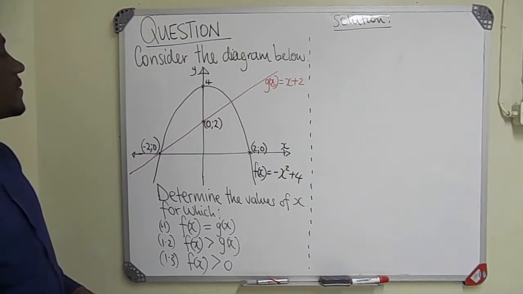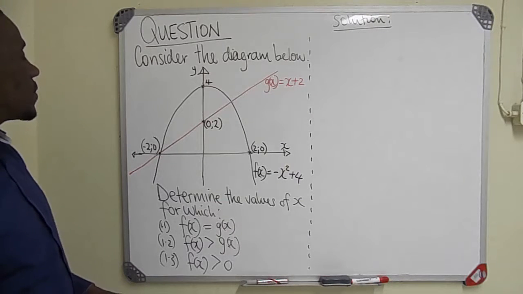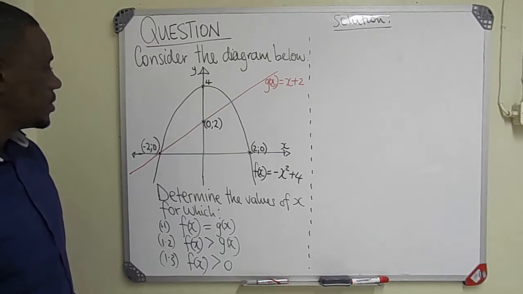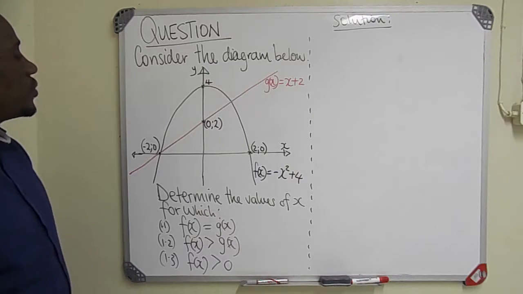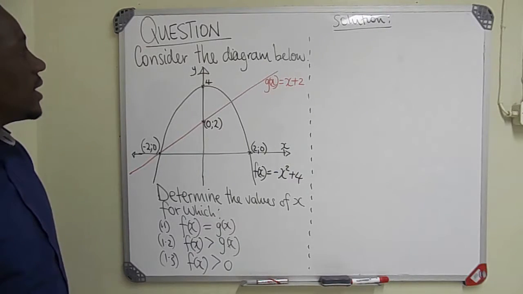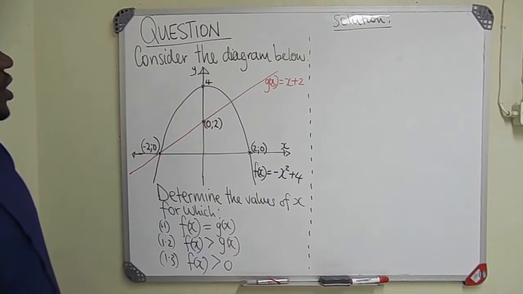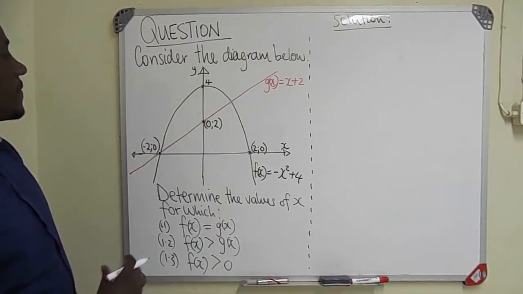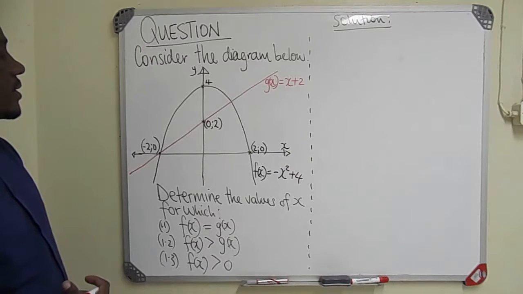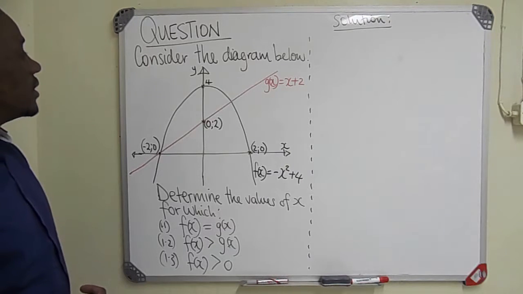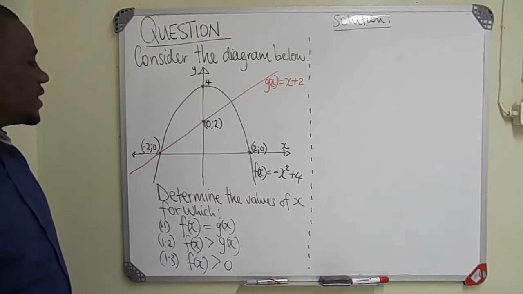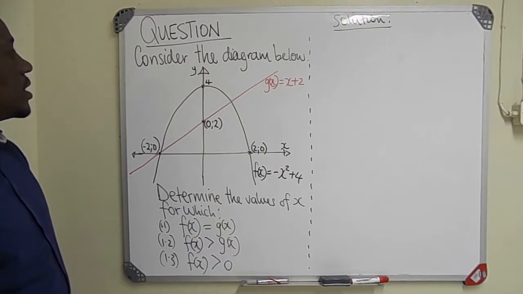When you are having an expression or a question of this form, what you need to do is identify the points of intersection, the points where the graph meets the axis, and also the shape of your graph.